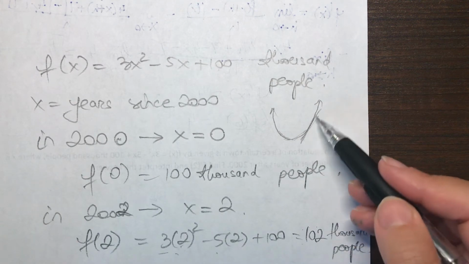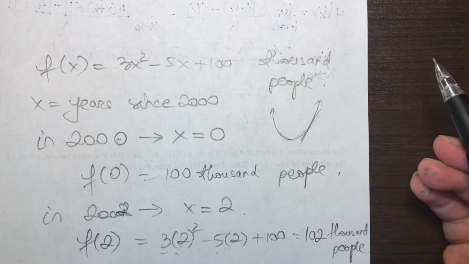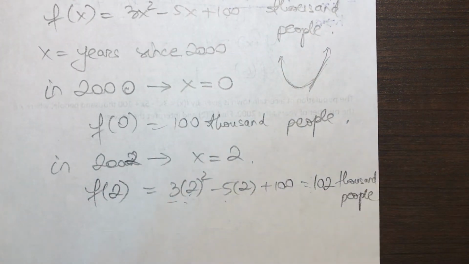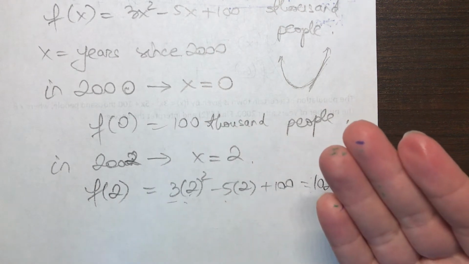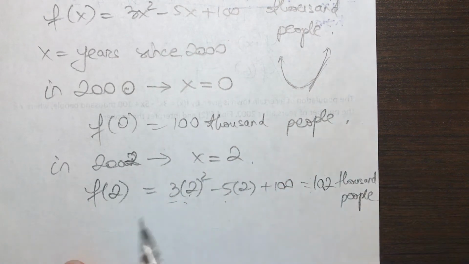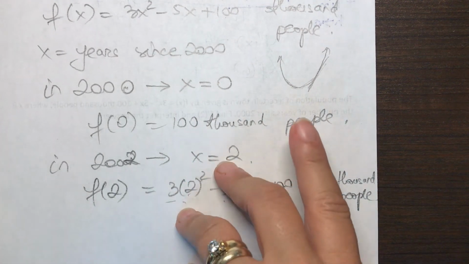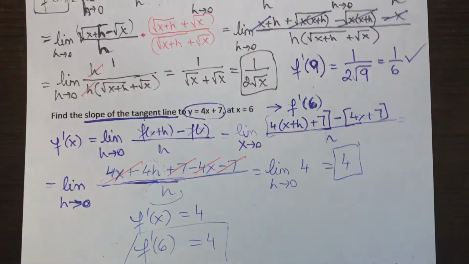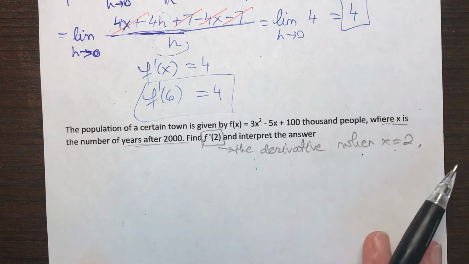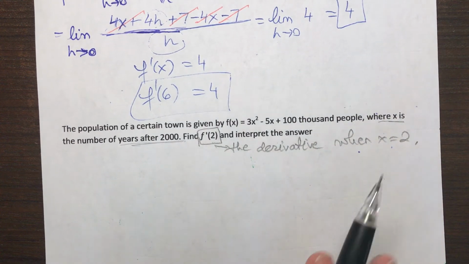In other words, where is this function heading towards in 2002? Is this population on the way up in 2002, is it increasing, and how fast is it increasing? That's what the derivative will tell us. Not what happens at 2. Don't plug in a 2. It's the derivative at 2.